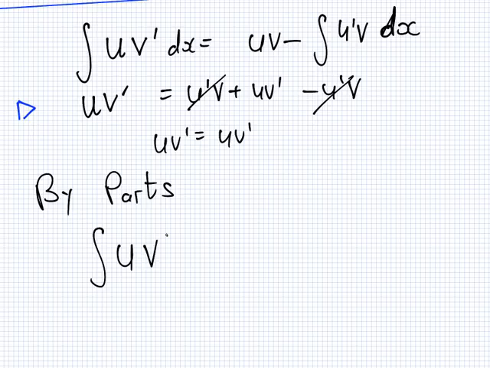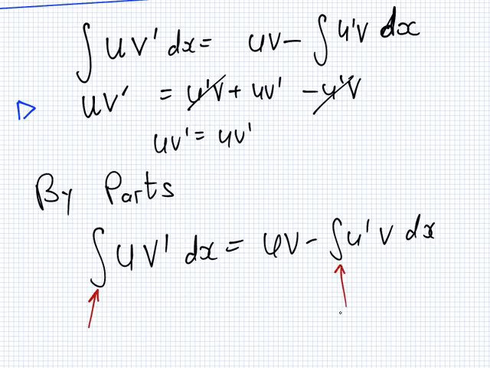When we have two functions multiplied like this, we can say it's equal to this. Now what you notice is all this does is change one integration into another integration. And our hope is that this problem is easier to do than this problem. So we just change the form slightly.